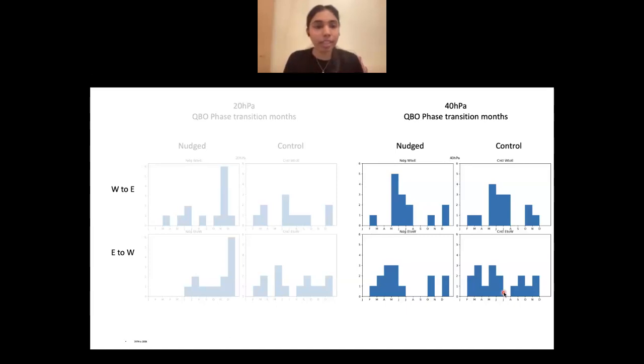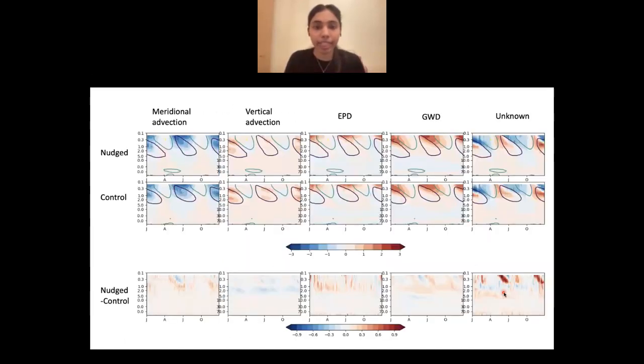So I tried to look at different forcing terms and see where this issue is coming from. Much similar to earlier, I have the meridional advection, vertical advection, resolved wave forcing, and gravity wave forcing, both for the nudge and control, and the difference is shown here. This is one reason why I haven't used the unified model for our analysis earlier.